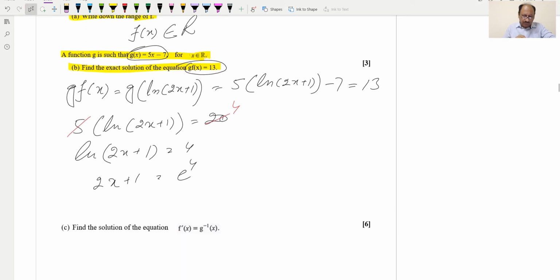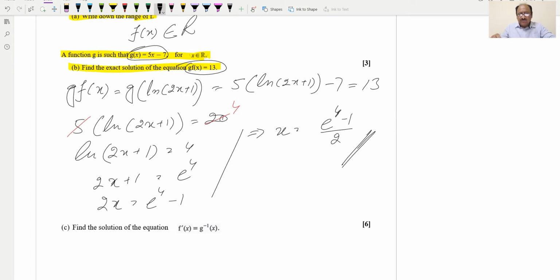We can shift 1 also to the other side, so 2x is equal to e raised to 4 minus 1, and x will be equal to what? This implies x will be equal to e raised to 4 minus 1 divided by 2.